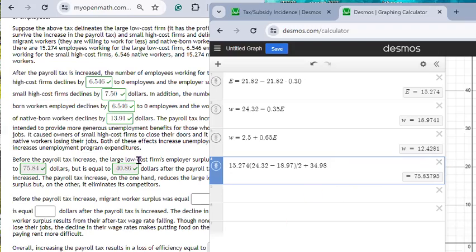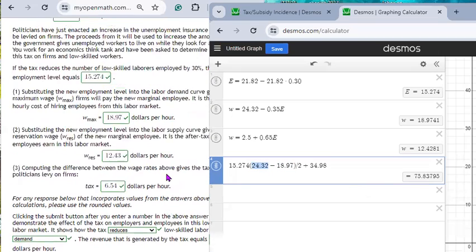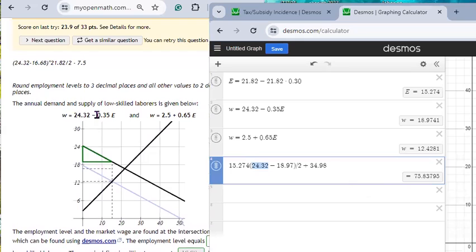The 18.97 is the max wage firms are willing to pay that last worker hired after the tax is imposed. That is the intercept of the model. So we have the intercept of the model, 24.32. We have the 18.97, which is the maximum wage firms are willing to pay after the tax is imposed.